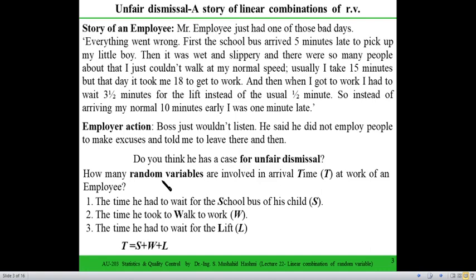So the total arrival time would be a linear combination, a sum, of those 3 random variables S, W, and L. So this is an example of a linear combination of random variables. Here the time to arrival is a random variable, which is actually a function of 3 more random variables. So the total time to arrival would depend on the distribution of these 3 random variables.